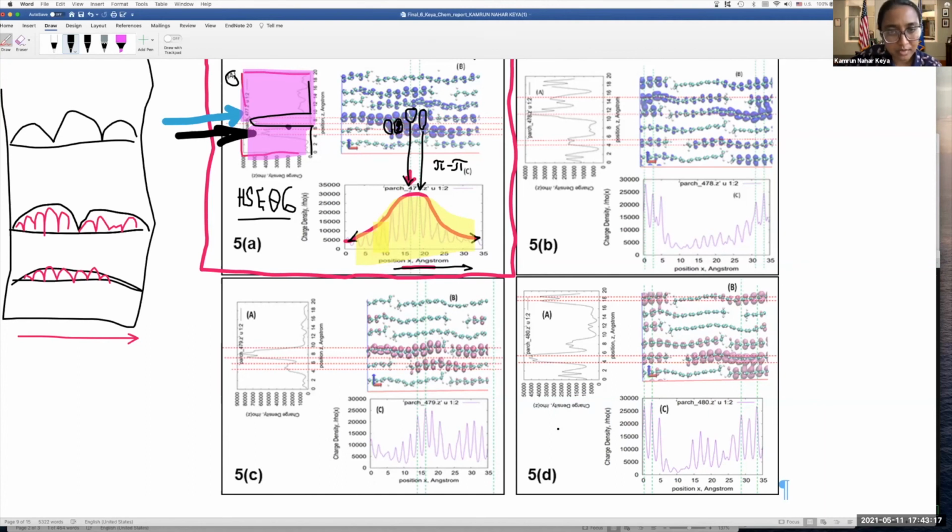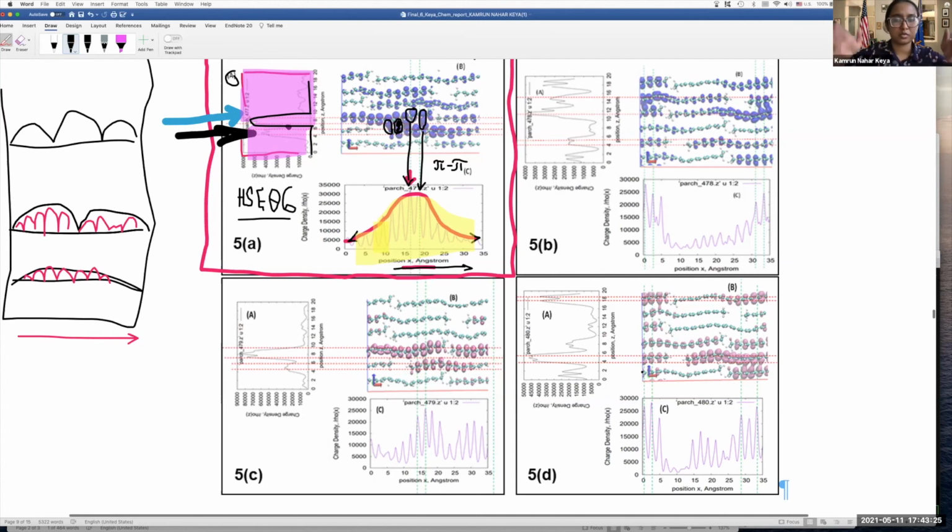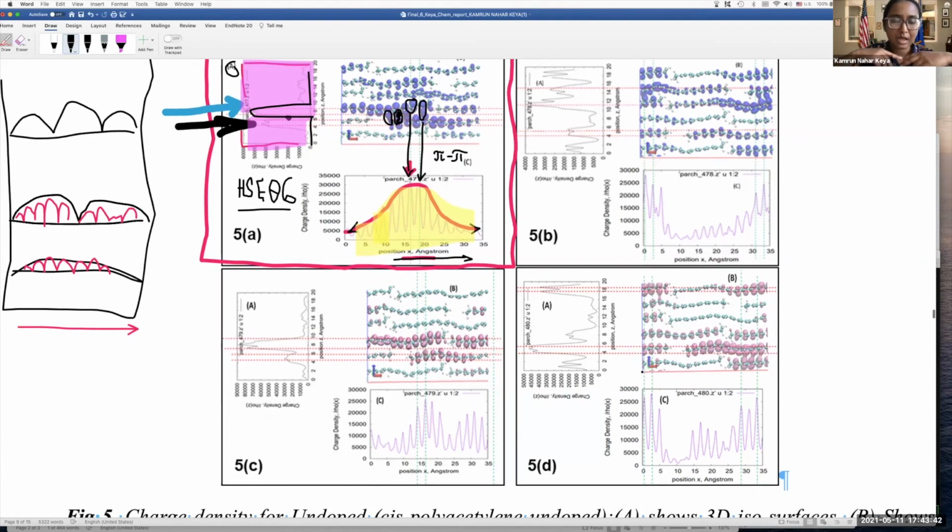In the LUMO, we see the highest charge density at the edge of the box, in the X position. Similarly, in the LUMO plus one, we see the maximum charge density at the edge of the box, X position.